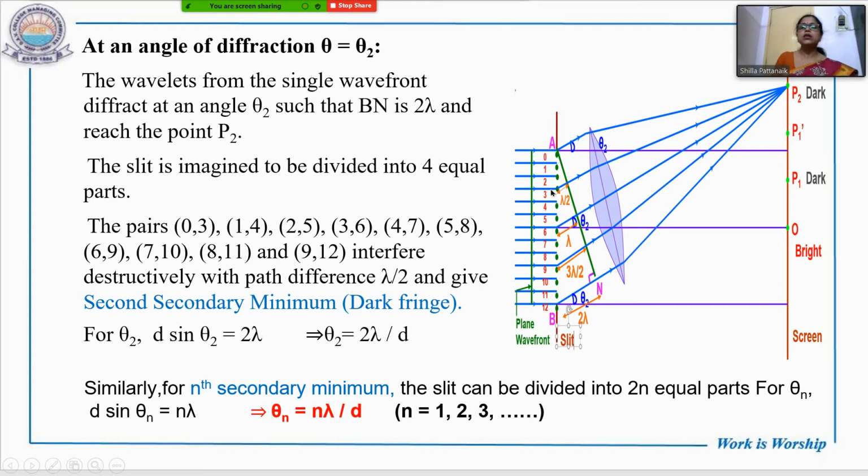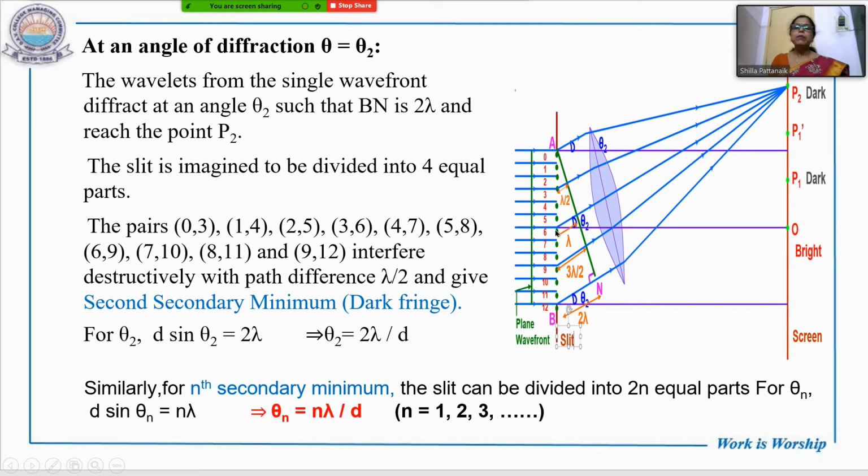For this condition, let us imagine the slit to be divided into 4 equal parts. So for each equal part, what is the path difference? Lambda by 2. Okay. So now, for every point on the first part, there is a corresponding point source on the second part, who will undergo destructive interference and produce a minima at P2.